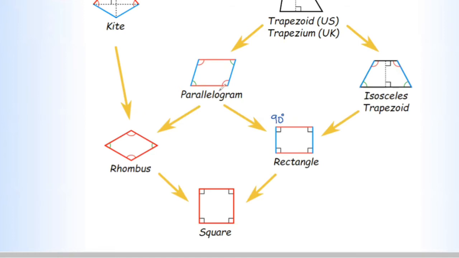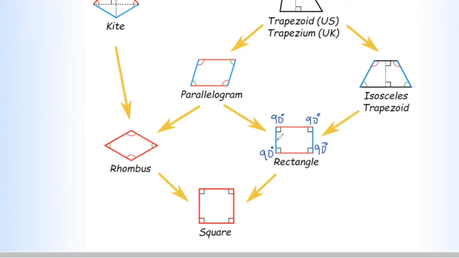Anyway, the condition for a parallelogram to become a rectangle is that all four of its interior angles should be right angles, or 90-degree angles. If all four angles in a parallelogram measure 90 degrees, then that parallelogram is called a rectangle.